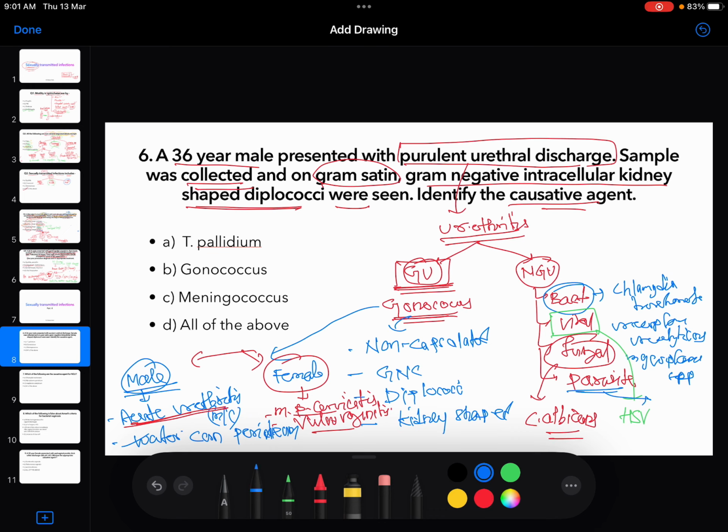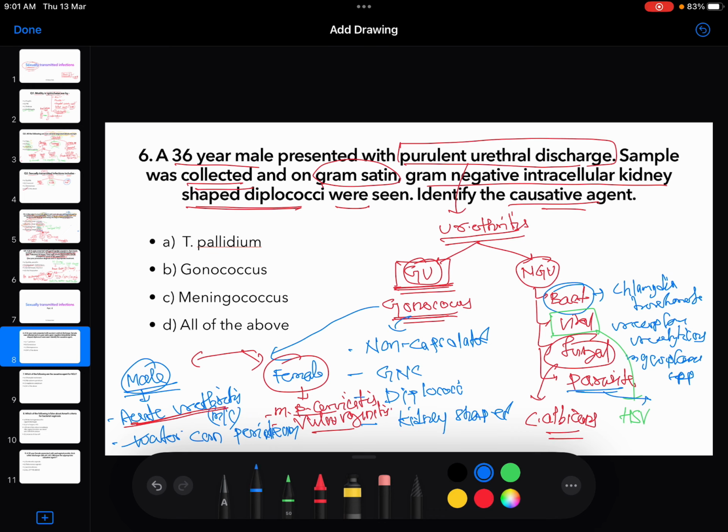The sample was collected and on Gram stain they found gram-negative intracellular kidney-shaped diplococci. Then the causative agent is gonococcus. The answer is B, gonococcus.